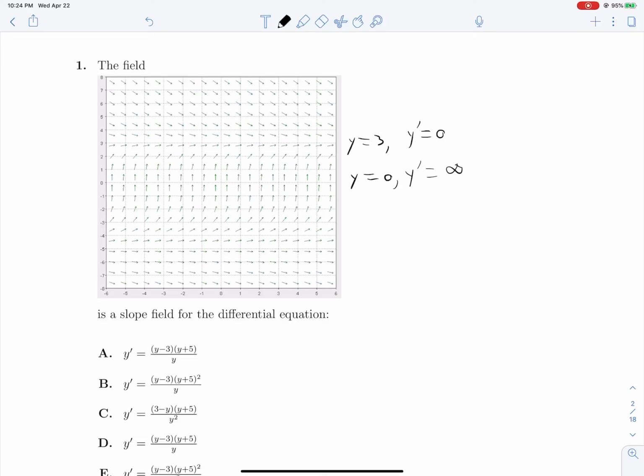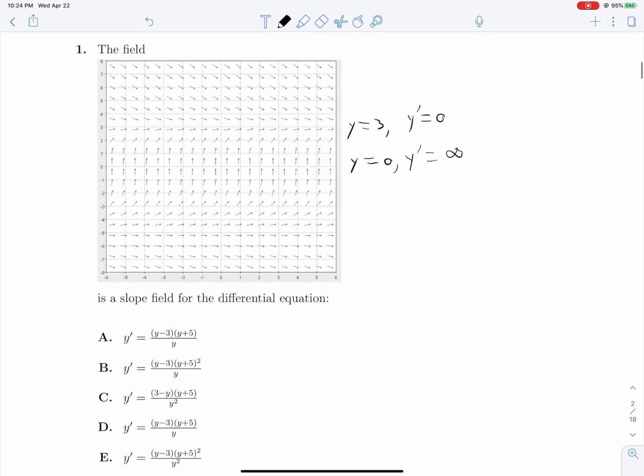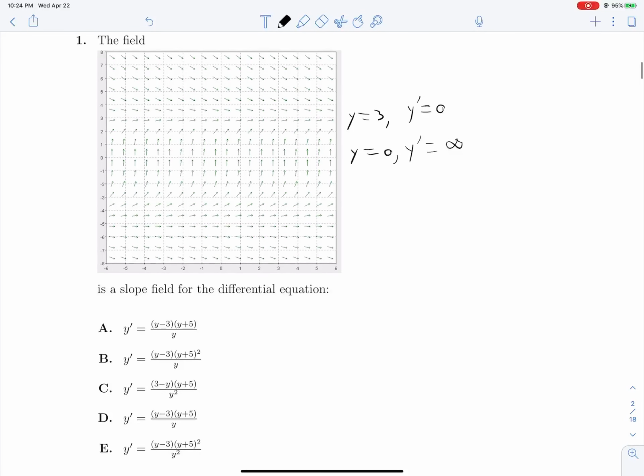What else do we know here? Well, we should be dividing by y so that y equals 0 gives us this infinite slope there. And all of our answer choices do that. So we're not too worried about that.